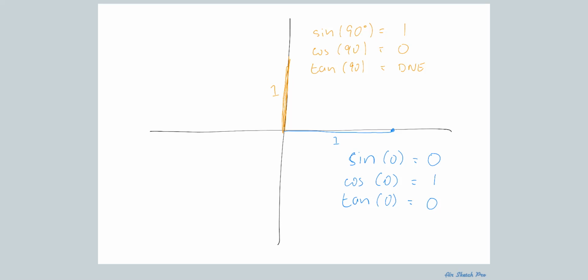Okay, I've got to choose colours. How about red, because it stands out. Okay, 1 unit long. What is the sine of 180 degrees?